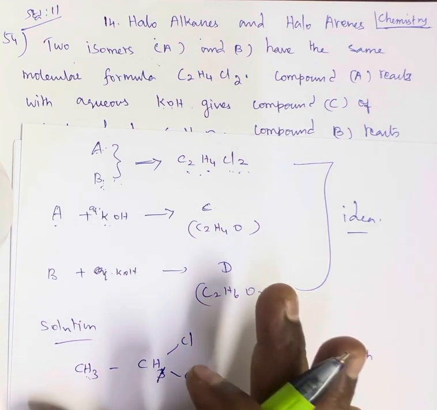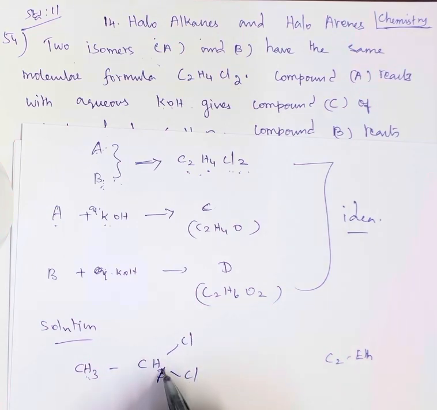This is the basic formula. Here two hydrogens are replaced by chlorine, that is chlorine, chlorine. This is compound A.